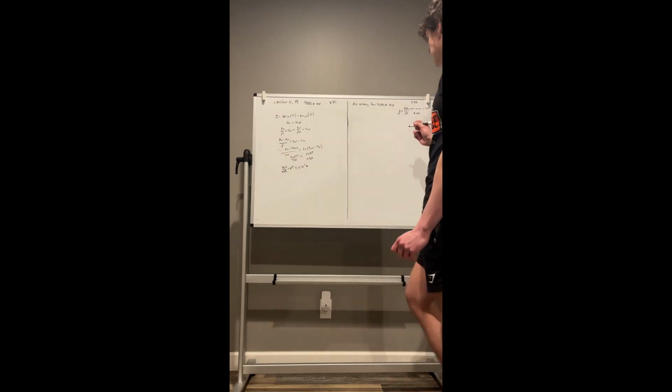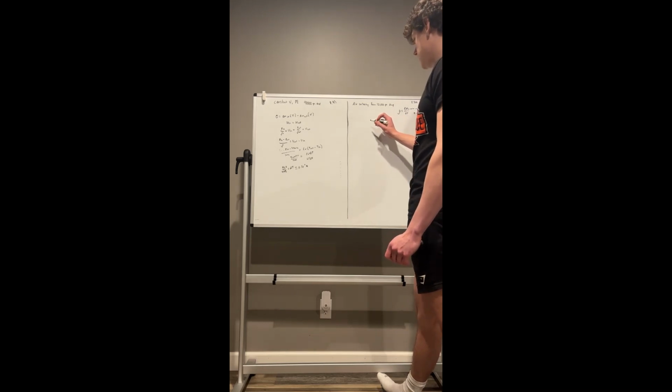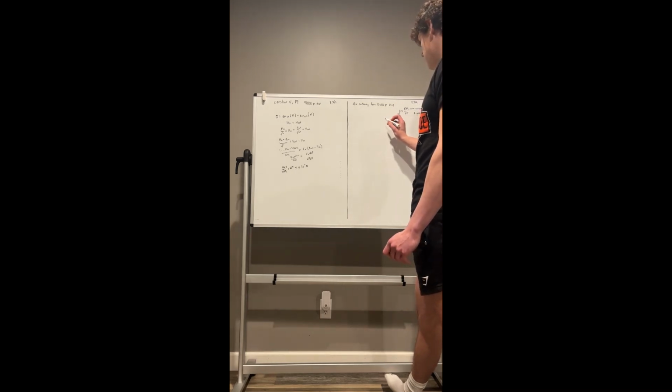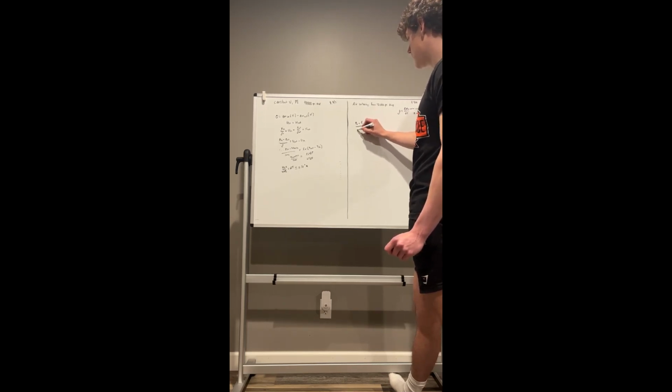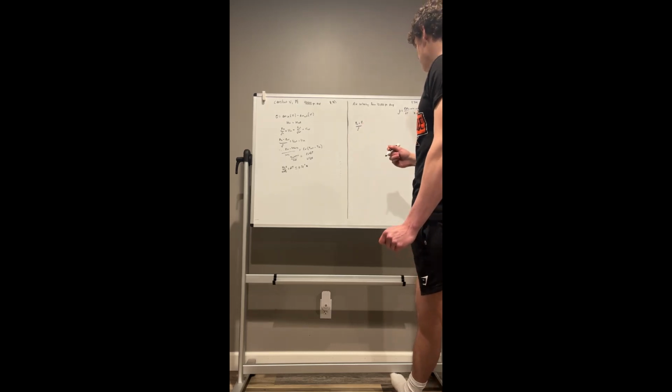And that means we will have, trying to remember which comes first, our P2 minus our P1 over the density, which in this case is PM over RT.